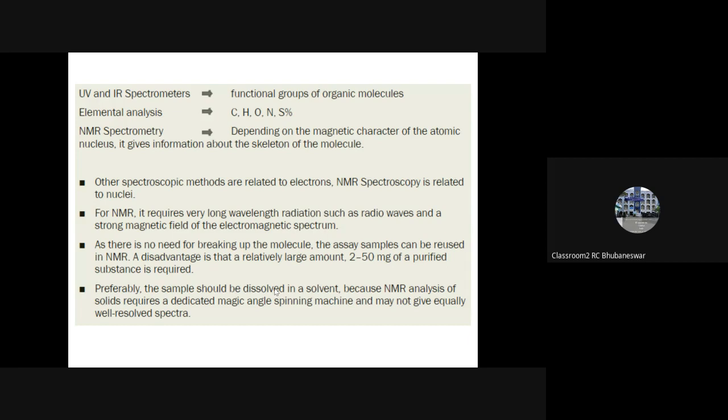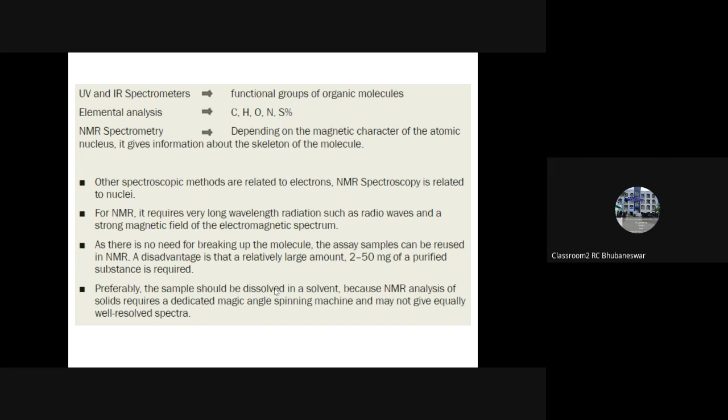If you remember the Boltzmann distribution population we have studied, population is important. If your energy gap is more, then most of the molecules will be available in the ground state. But here for the NMR, since the energy gap between ground state and excited state is less, due to thermal activation also, some of the molecules out of that 100 or 200 molecules will be in the excited state.